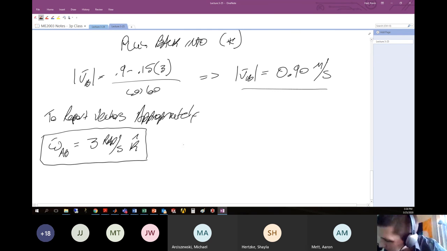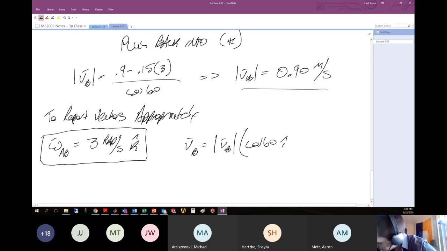And then also, my velocity of B is the magnitude of the velocity of B multiplied by the unit vector along which it acts, which we know is cosine 60 i, sorry about the handwriting, plus sine 60 j. Or if you do this, generally the velocity at point B is, did I write this down? Yes, I did.